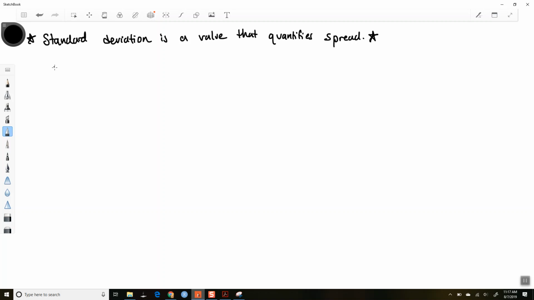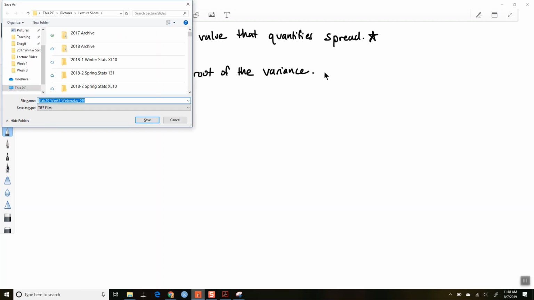All right, so there's another term that goes right along with standard deviation, and this is called the variance. Okay, so I'm going to just say the standard deviation is equal to the square root of the variance. Okay, and what we're trying to do is we're trying to summarize how much spread there is in our data.